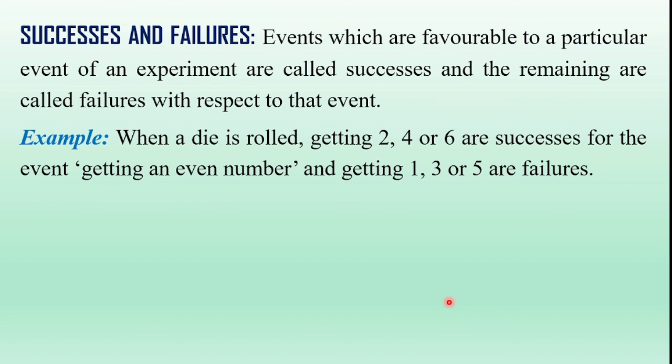Getting 2, 4 or 6 is the success for the event, that is, getting an even number is the success of the event. And what are the remaining events? Getting an odd number, that is the failure of the event. So this is a good example of success and failure of the event.